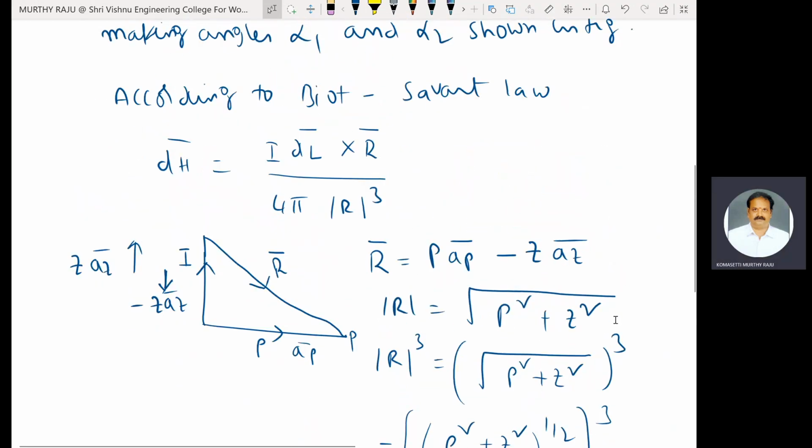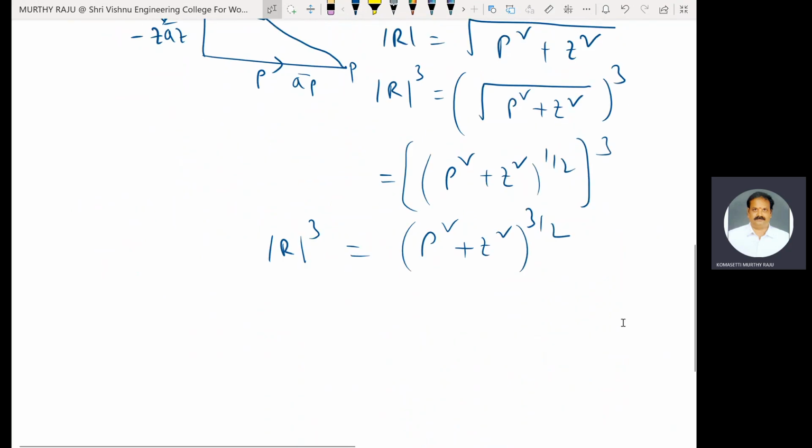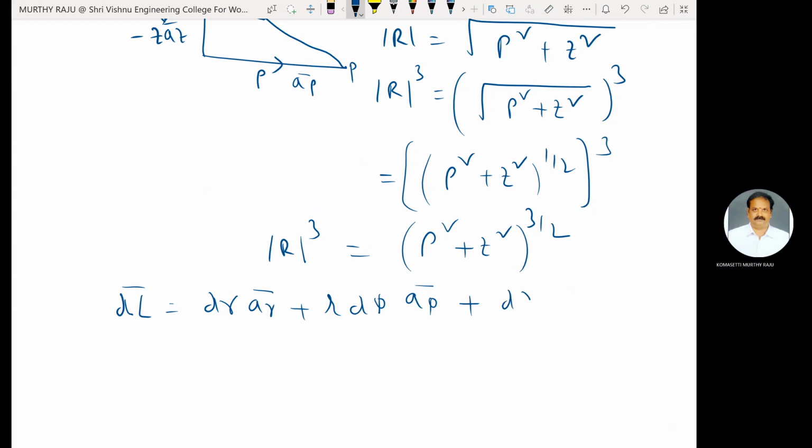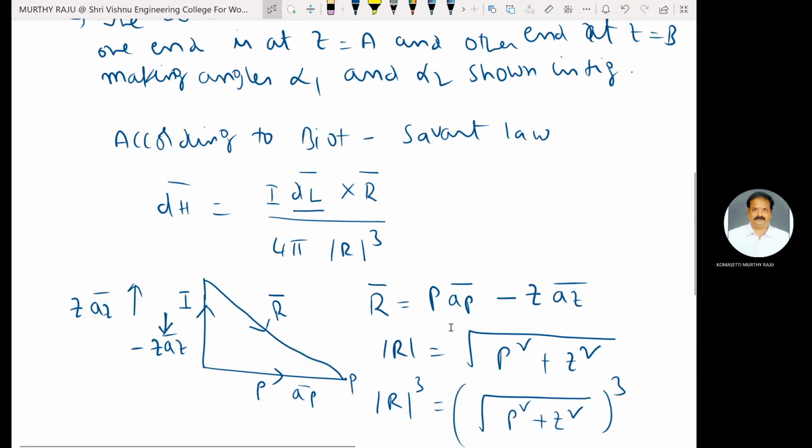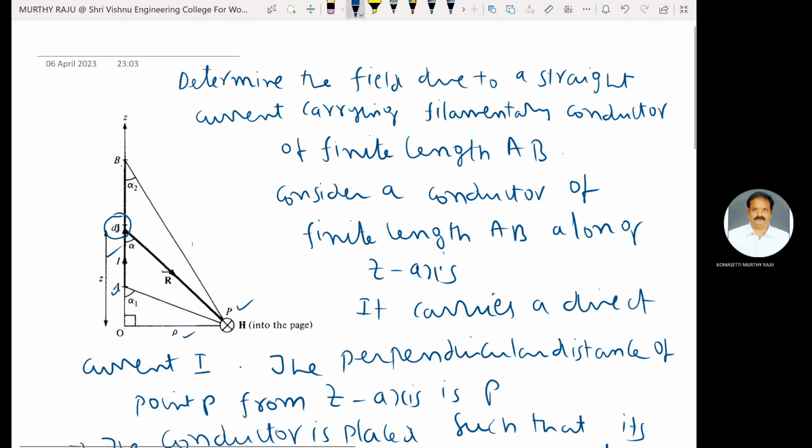Now coming to dl. The differential length in the cylindrical coordinate system is dl bar equal to d rho a rho plus rho d phi a phi plus dz a z. The differential current element length, this one is dl, is along the z-axis.